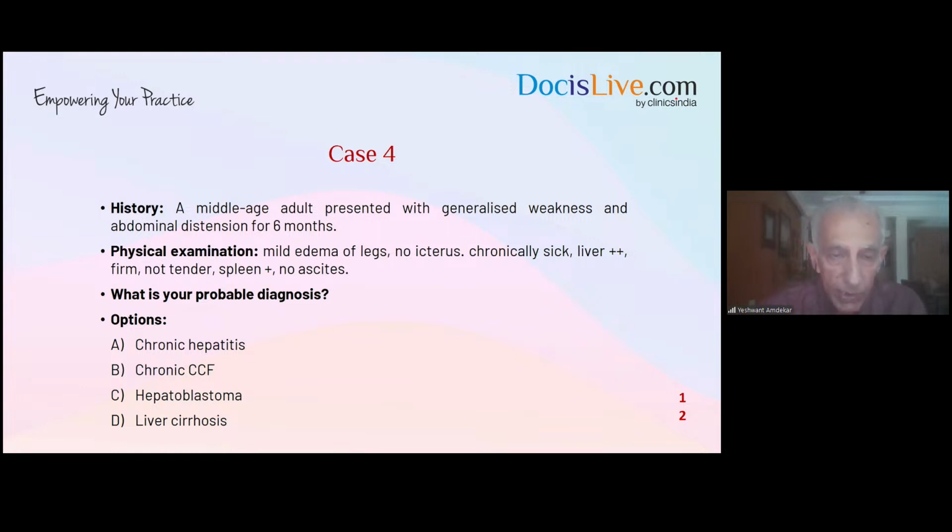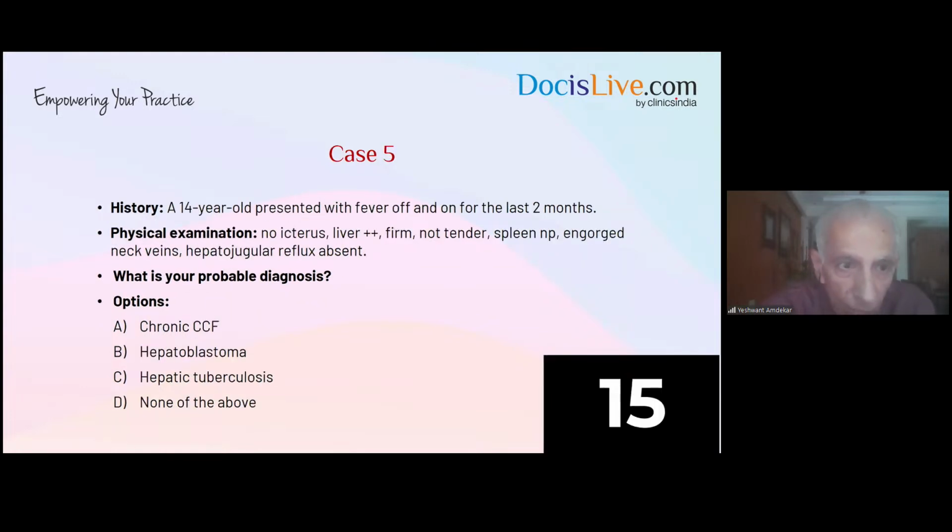Can I have the next slide, please? Now, this is a bigger boy, 14-year-old, with fever off and on for last 2 months. That's the only symptom. On examination, he has no icterus. His liver is enlarged. It's firm. It's not tender.